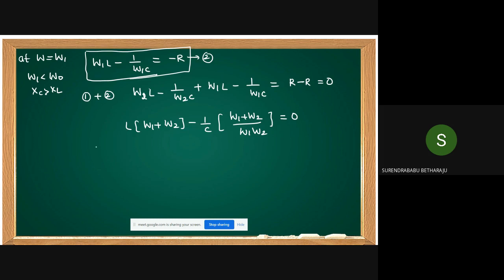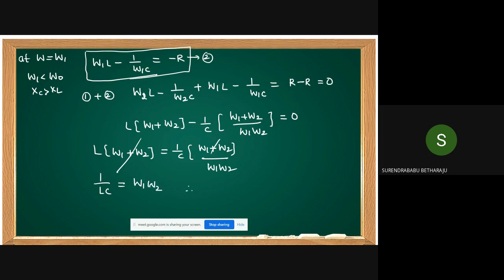From this one, L into (omega 1 plus omega 2) is equal to 1 by C into (omega 1 plus omega 2) by omega 1 into omega 2. These two cancel. Then what can we get, students? 1 by LC equal to omega 1 into omega 2.